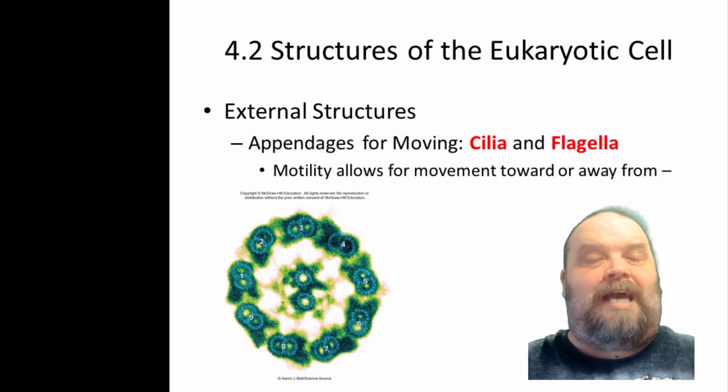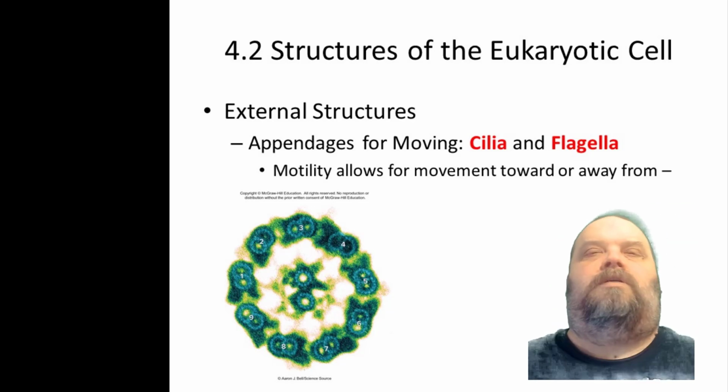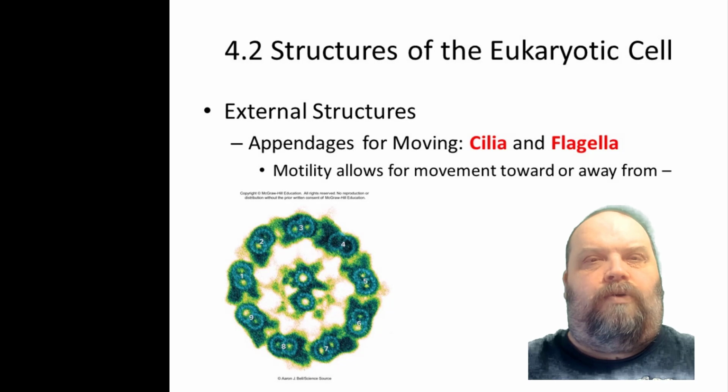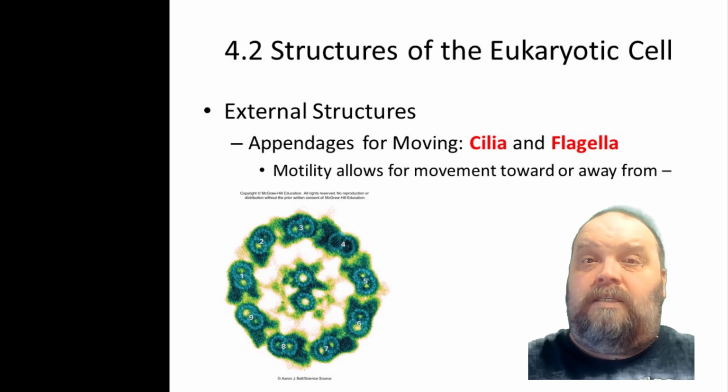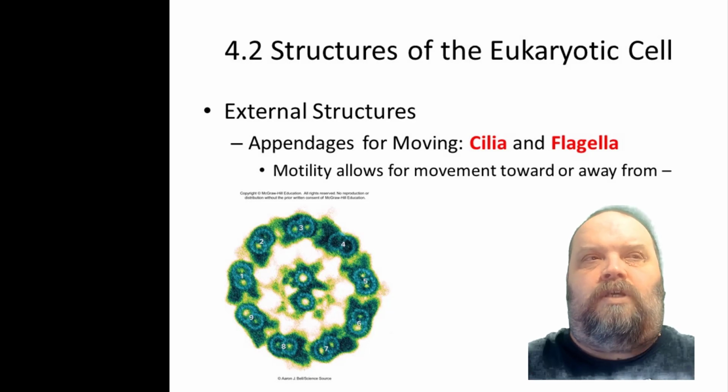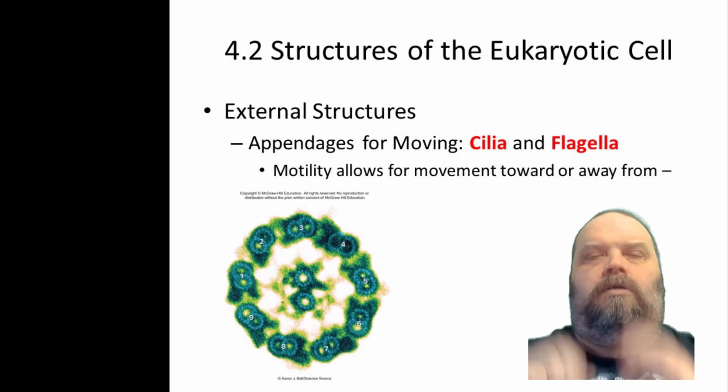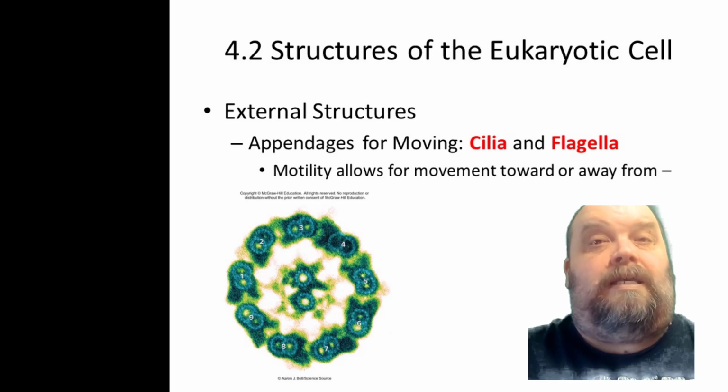Bacteria had this thing that was outside the cell that had a motor that spun it around like a jump rope. Here we're going to see that flagella and the cilia are actually internal structures that just kind of push the plasma membrane, the cytoplasmic membrane, out.